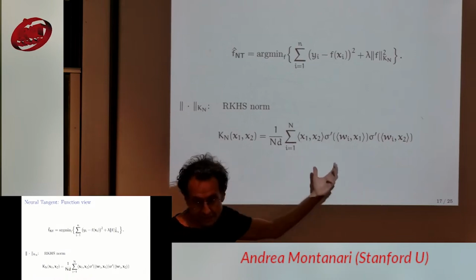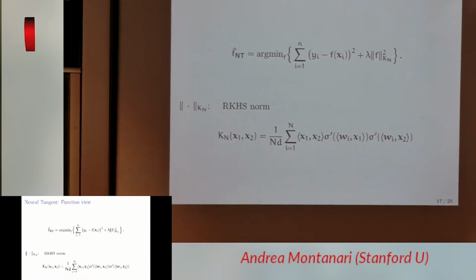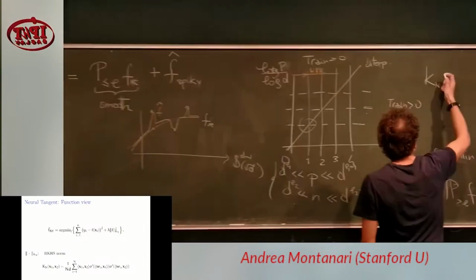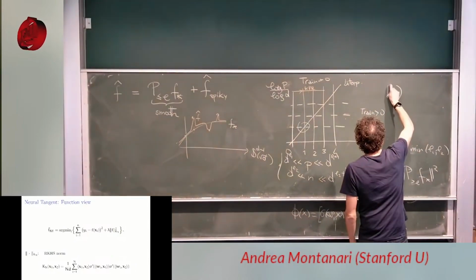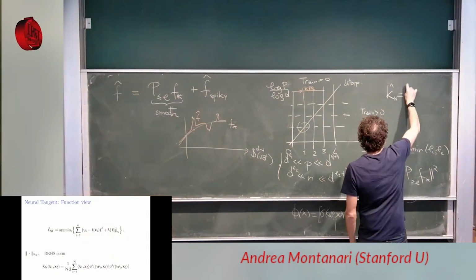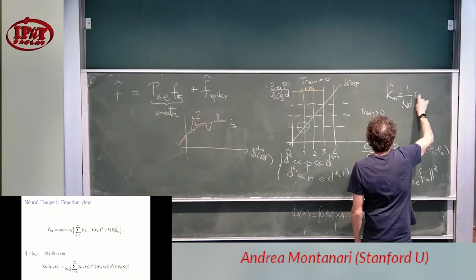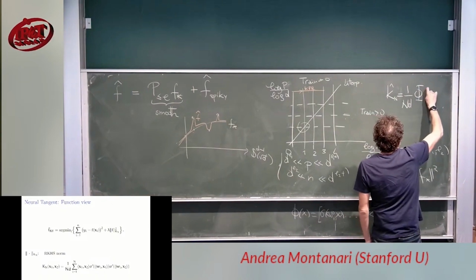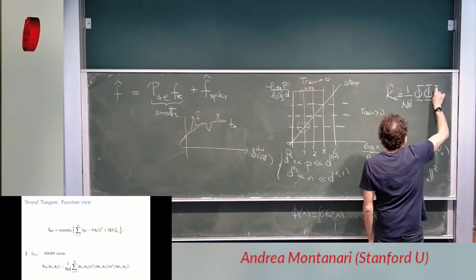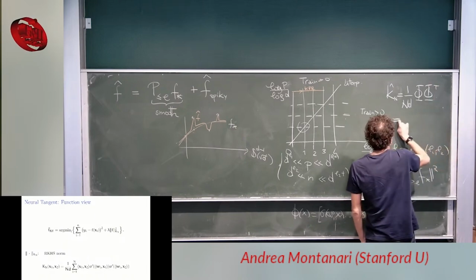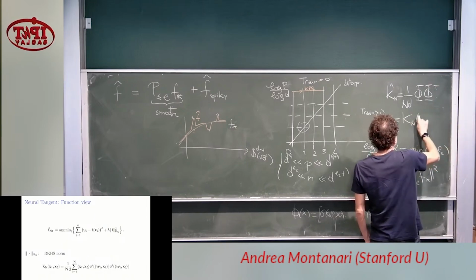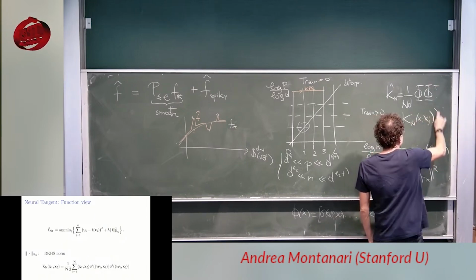This is the kernel that I called k, and it is what I described in the last lecture, and the corresponding matrix is what I called the kernel matrix.